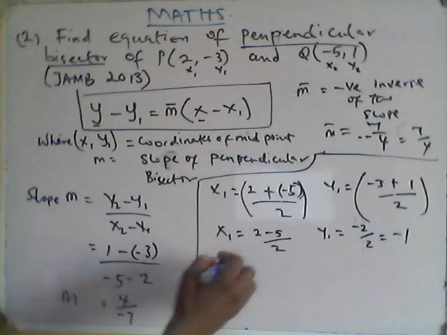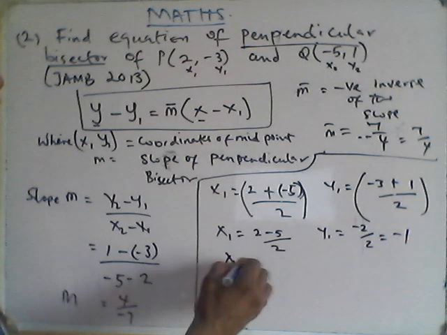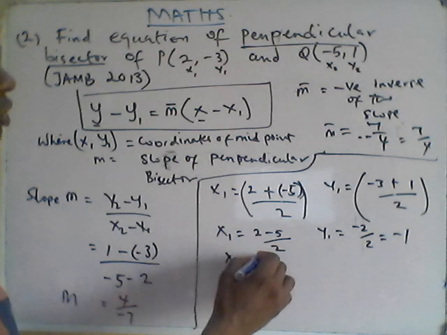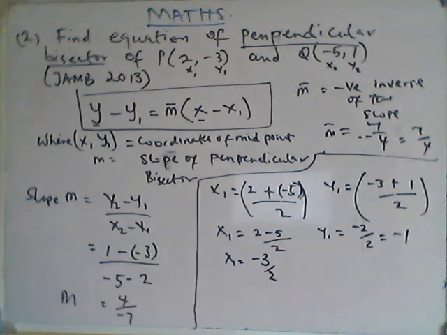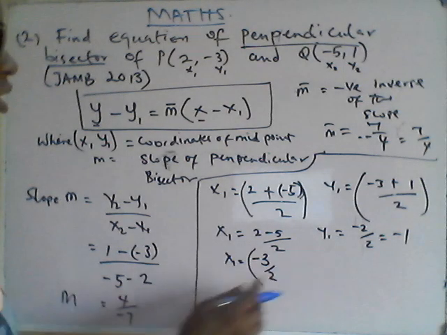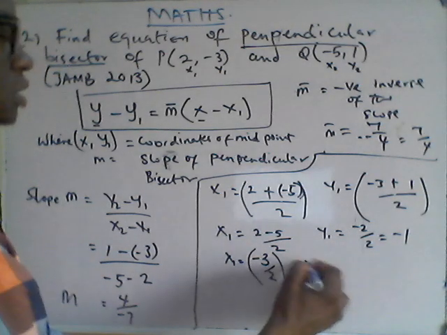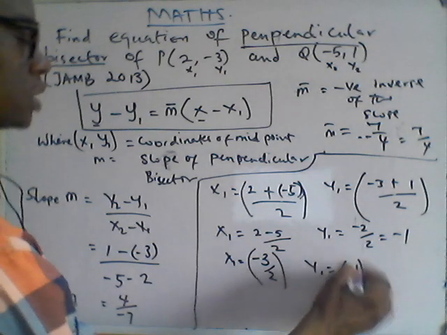And x1 will give me 2 minus 5, which is minus 3 over 2. So I have the coordinates here as this and this. So this is x1, and y1 is equal to minus 1.